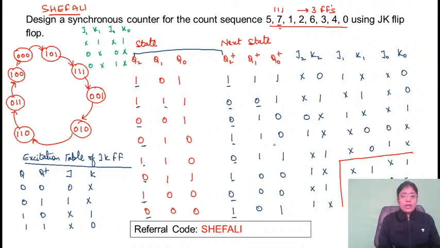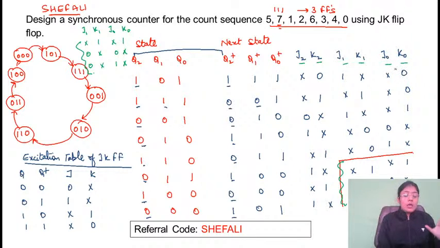Now is this fine? Any problem till here? I'm constructing the K map for just one equation to show you how to generate the equations for the remaining ones. You have to write the equation for J2, K2, J1, K1, J0, K0.